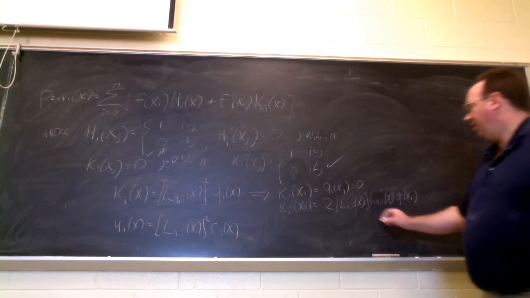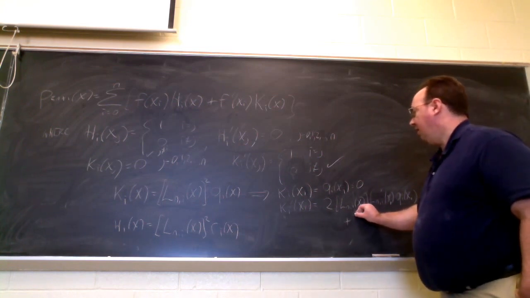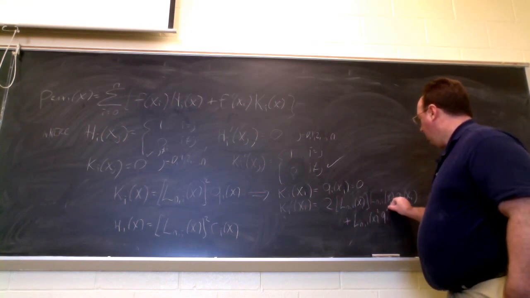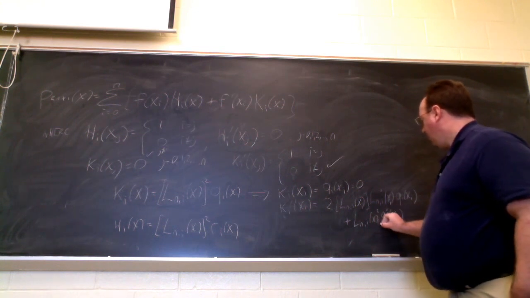Plus Lagrange squared times q_i prime. And what is it supposed to be equal to over here?